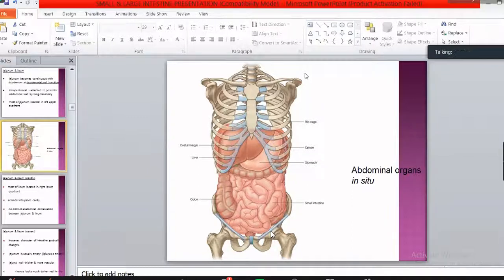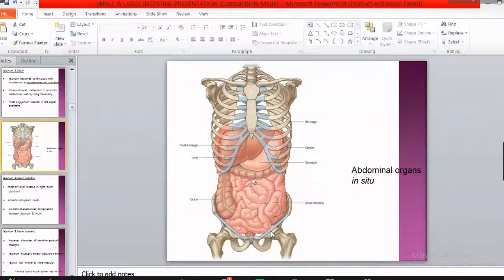So this is what you'll find when you open the abdomen of that cadaver. It looks like intact bowel, with the greater omentum removed. You have the transverse colon lying just superiorly, and then the loops of small intestine.